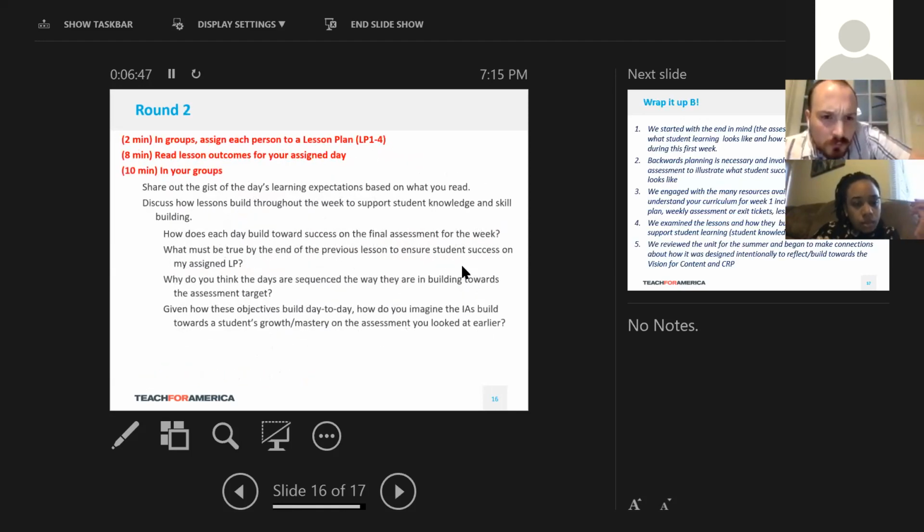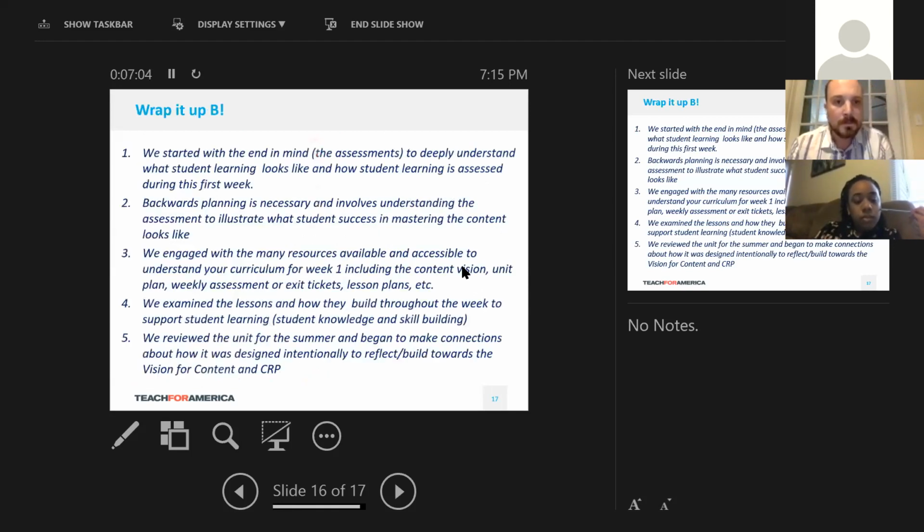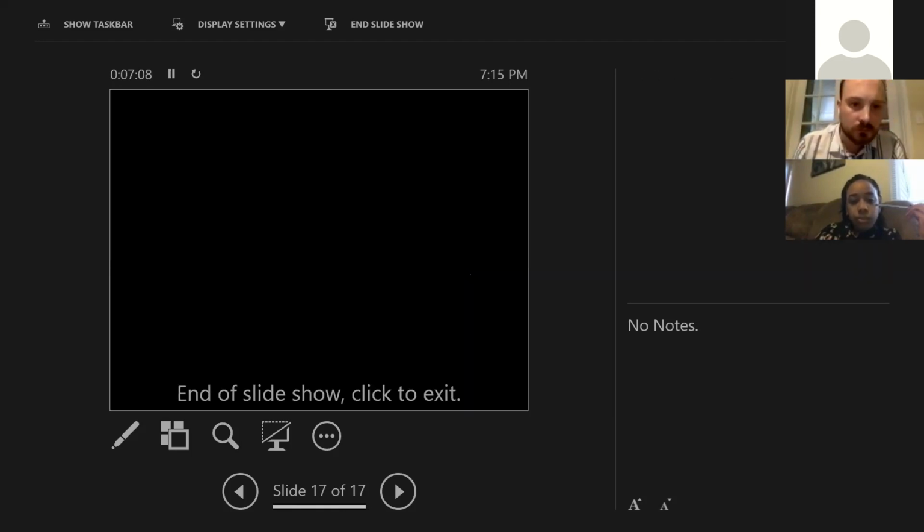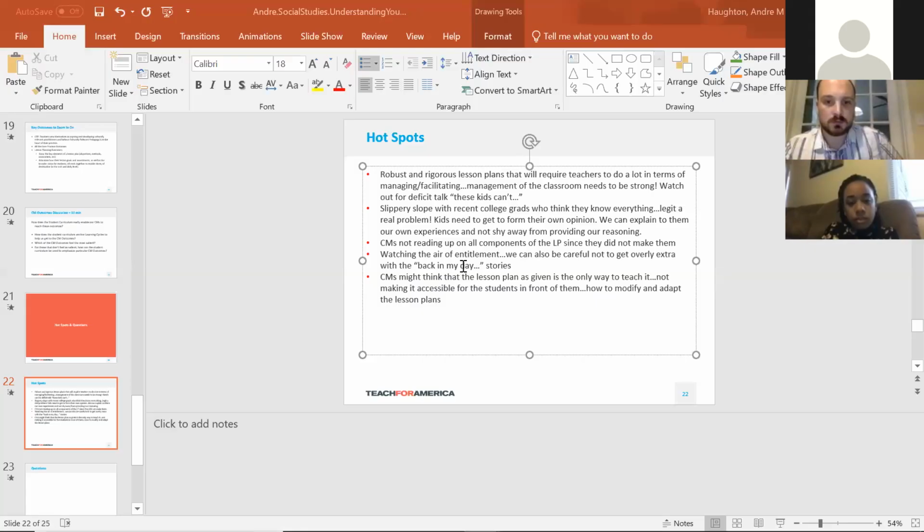Round 2, they're going to break into groups, have different people read different parts of the lesson plan, and then share out with one another. This is really just to get them in the practice of breaking down some of the lesson plans. Then we'll wrap it up, and that is essentially what core members will get in this. I think it's about an hour-long curriculum session.